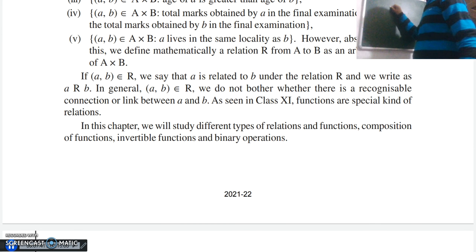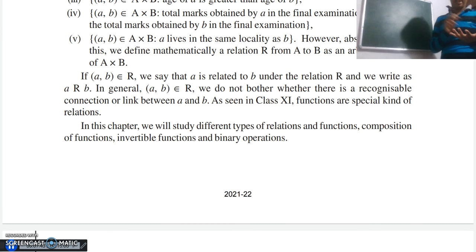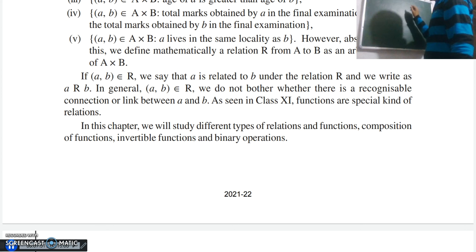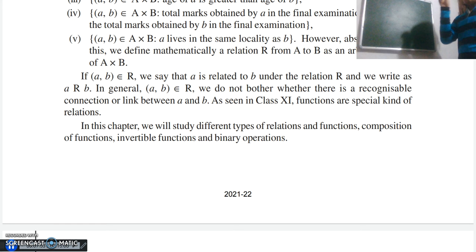relation R, there, we should write this in the notebook also. There exists a relation R from set A to set A, and then there should be at least one point that should be (A, A).